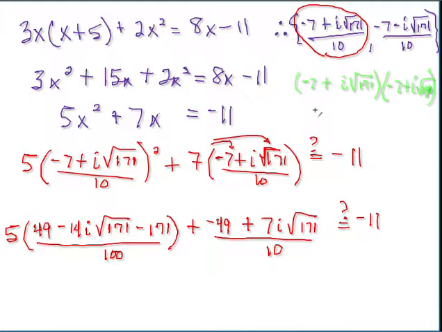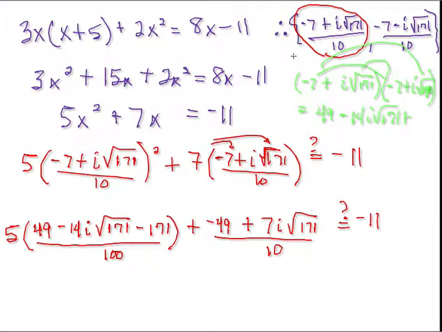This is just multiplying two binomials together when I squared it. You take the first, you get 49, negative 7 times negative 7. The outer, negative 7i radical 171. The inner, negative 7i radical 171. That's where I'm getting the negative 14i radical 171. And then the last is the i squared times 171, so minus 171.